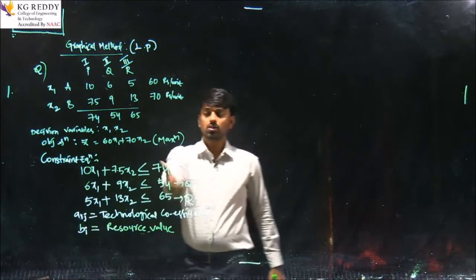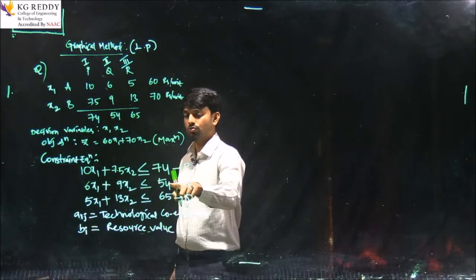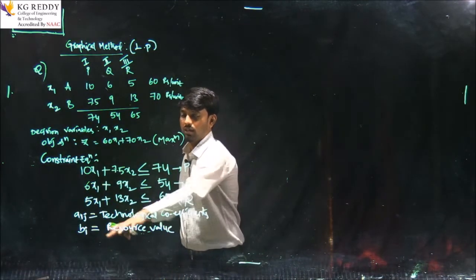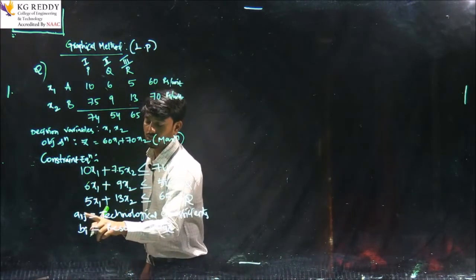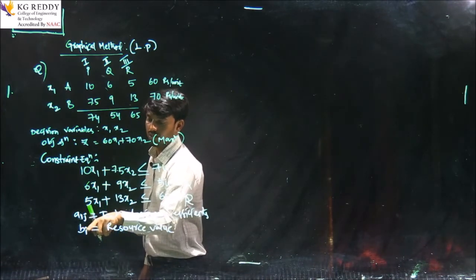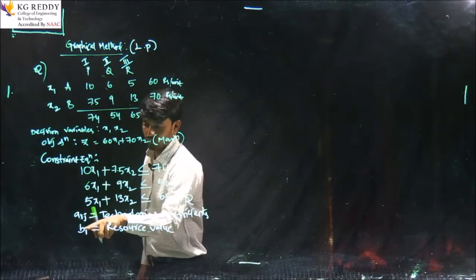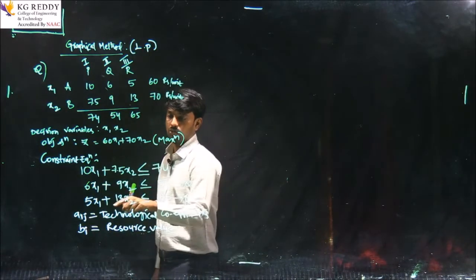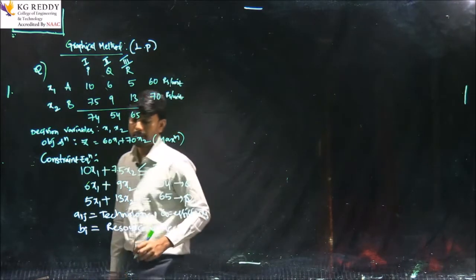These are the resource values, or limitations, or constraints: 74, 54, 65. i represents the row. If i equals 1, row 1, 74, b1 equals 74. If i equals 2, 54, b2 equals 54. This is the resource value.